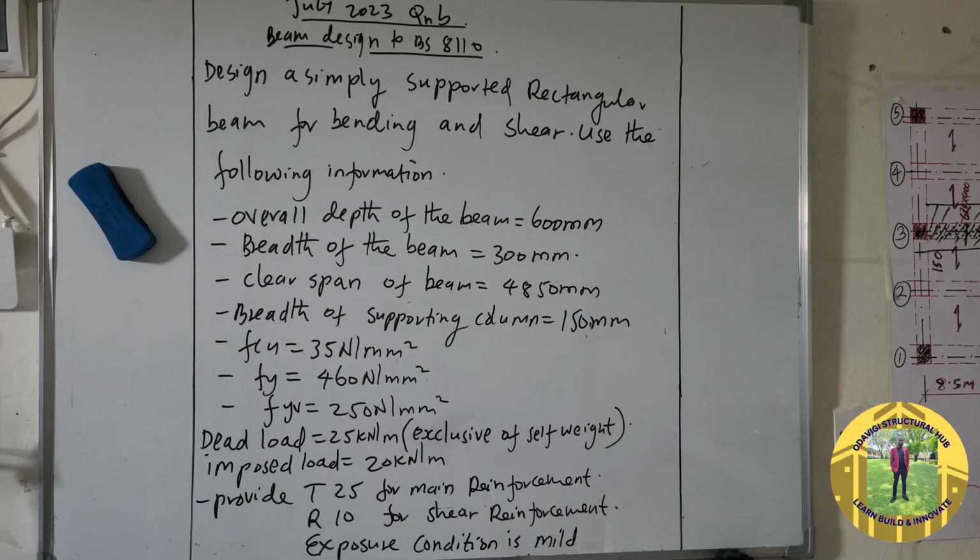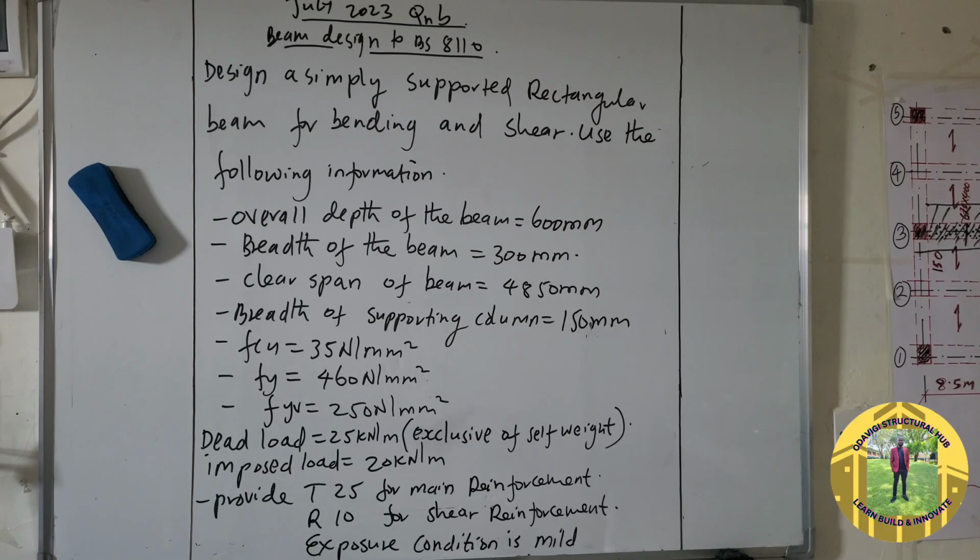So dead load is equal to 25 kilonewton per meter, exclusive of self weight. Imposed load is equal to 20 kilonewton per meter. Provide T25 for main reinforcement and R10 for shear reinforcement. Exposure condition is mild. So let's see how we can tackle such a question.